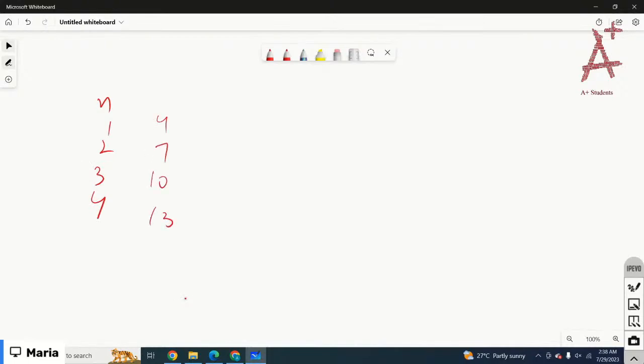It would be 1 plus 3 is 4. That means it is 3n plus 1. You can see for this one, 3 times 2 is 6 plus 1. 3 times 3 is 9 plus 1. 3 times 4 is 12 plus 1. So it would be 3n plus 1, right?